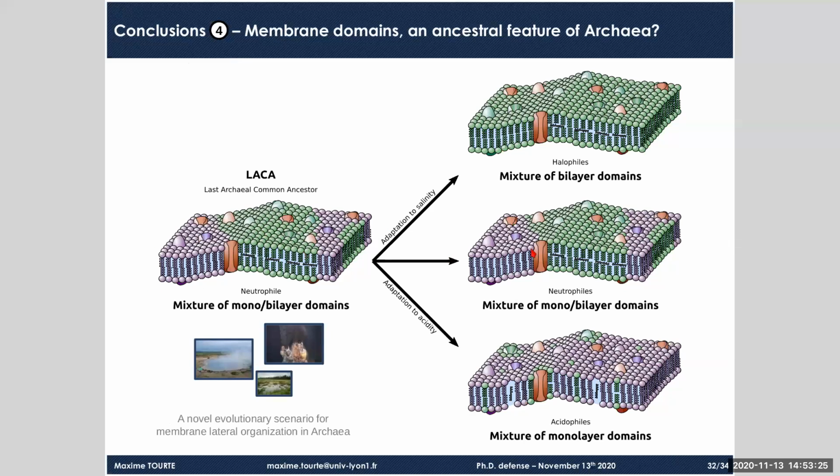But it has then been conserved in neutrophilic organisms here, which synthesize both bilayer and monolayer lipids with apolar polyisoprenoids, but shifted to a completely bilayered membrane in halophilic strains, which does not preclude the possibility to form different bilayer domains, for instance, by either inserting or not apolar polyisoprenoids, and to an almost completely monolayered membrane in thermoacidophilic strains. But again, this does not preclude the formation of membrane domains.